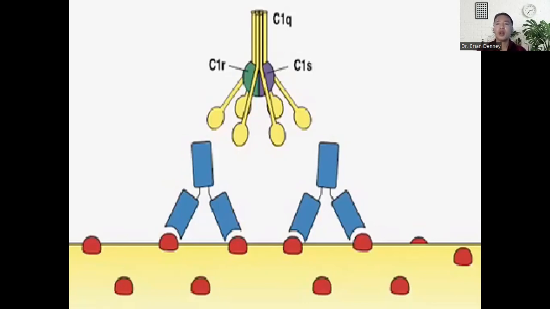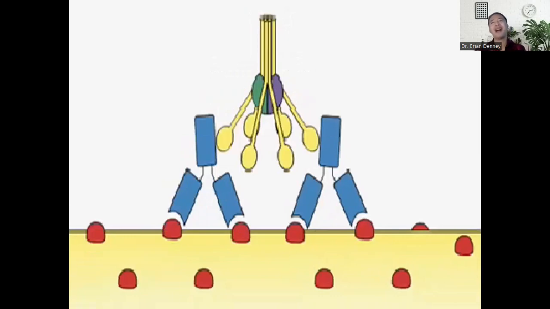How many globular heads need to bind to the Fc region of the antibodies for it to cause activation of your C1R and your C1S? How many? Correct. 2. Can you say now bind, for C1Q to bind to this Fc region? Say bind. Bind is now bound.